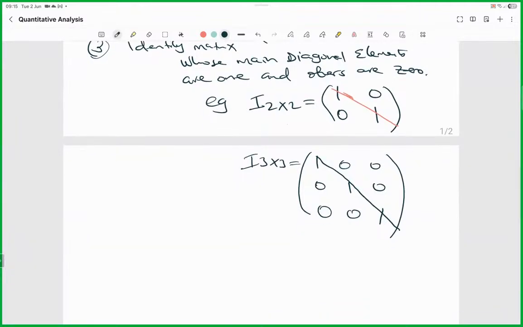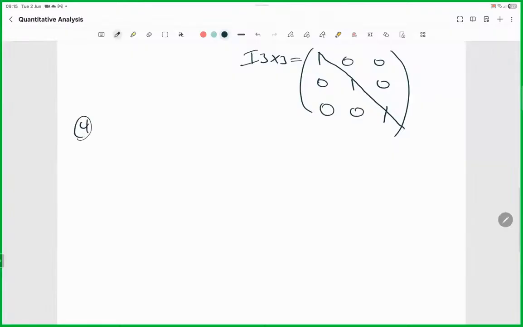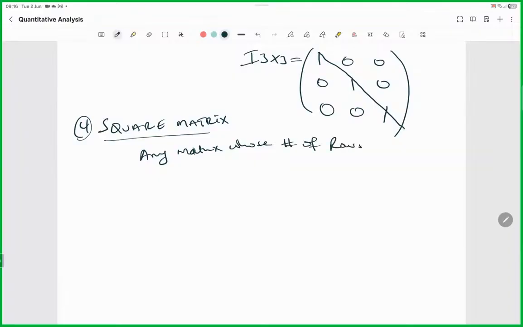A square matrix. This is any matrix whose number of rows equals its number of columns. Like what we had up here, that is a square matrix. For example, we could have a 2 by 2 square matrix, 3, 8, 9, 4.